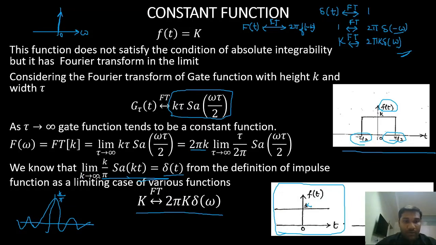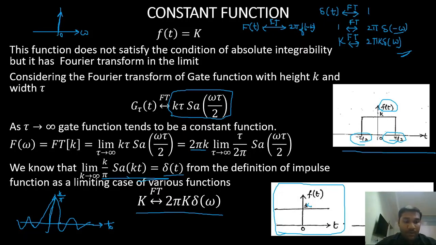When k goes to infinity by pi, at this point my amplitude is infinity, and at all other points it becomes 0, right?